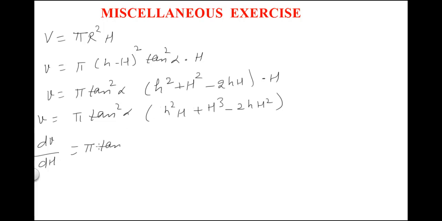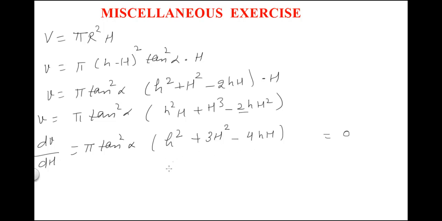So pi tan square alpha as it is, and then h square as it is, so we get h square. Differentiation of H with respect to H will be 1, plus differentiation of H cube will be 3H square, minus 2h as it is, differentiation of H square is 2H, so we have 4hH. Right? This is what we have. Now we will put it equal to 0.